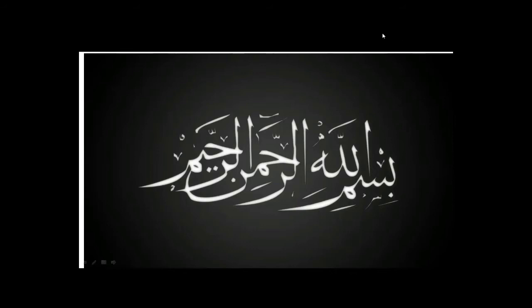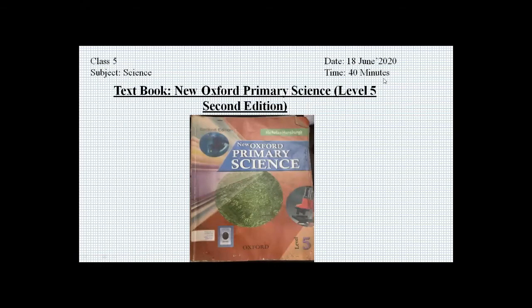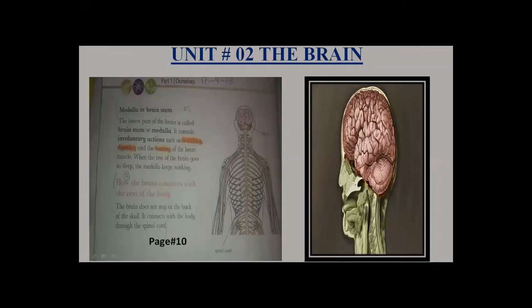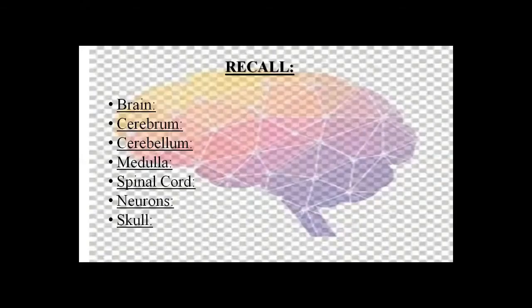Okay, students. This is your science book, and open page number 10. As I have given you home tasks to read this unit and find out the new words, today we will discuss the third part of the brain, the medulla or brainstem. I want to recall yesterday's topic, new words from the unit brain.